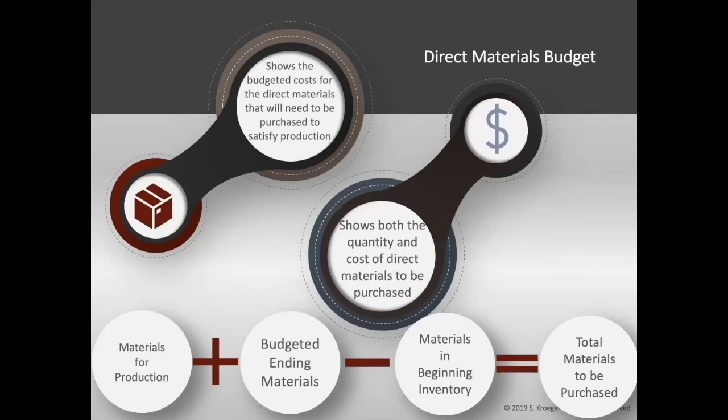These would be the materials we want to purchase to have on hand for the following month, minus the materials in the beginning inventory. This is what we already had on hand at the start of this time period. These would be the ending materials from the last time we did this.